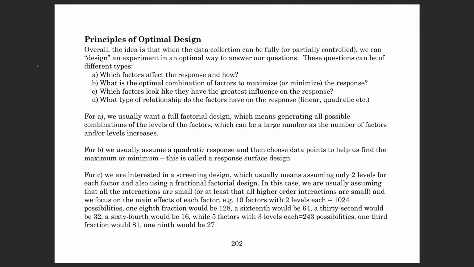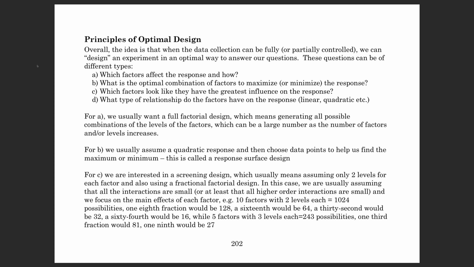So for the third type, the greatest influence, this is what we call a screening design. So we usually assume only 2 levels for each factor, and we again use a fractional factorial design. So we're usually assuming that all the interactions are small, or that at least all the higher order interactions are small, and we focus on the main effects of each factor.